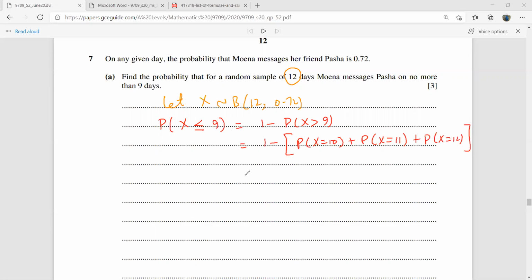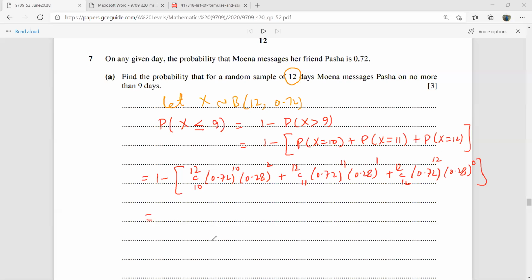So we have 1 minus 12C10 into 0.72 to the power 10 into 0.28 to the power 2, plus 12C11 0.72 to the power 11 and then 0.28 to the power 1, plus 12C12 0.72 to the power 12 and then 0.28 to the power 0.